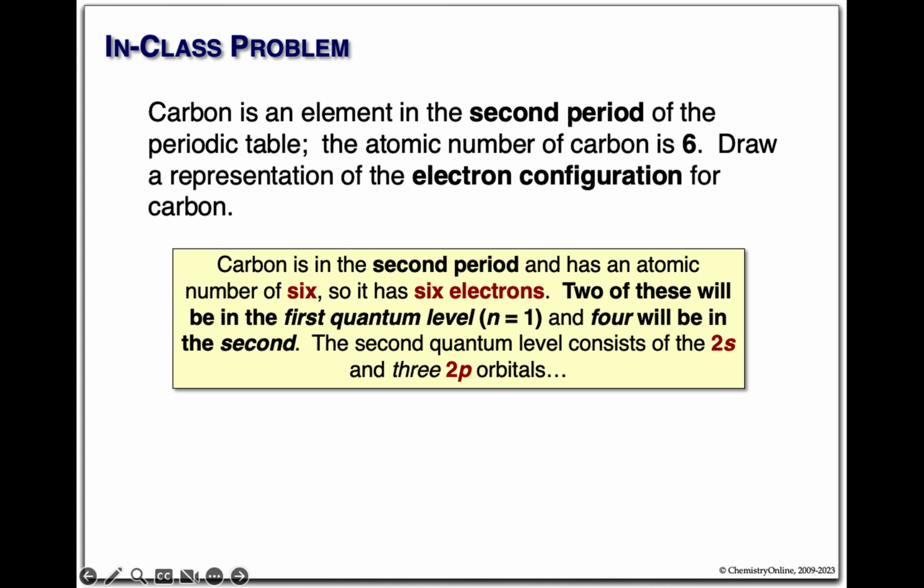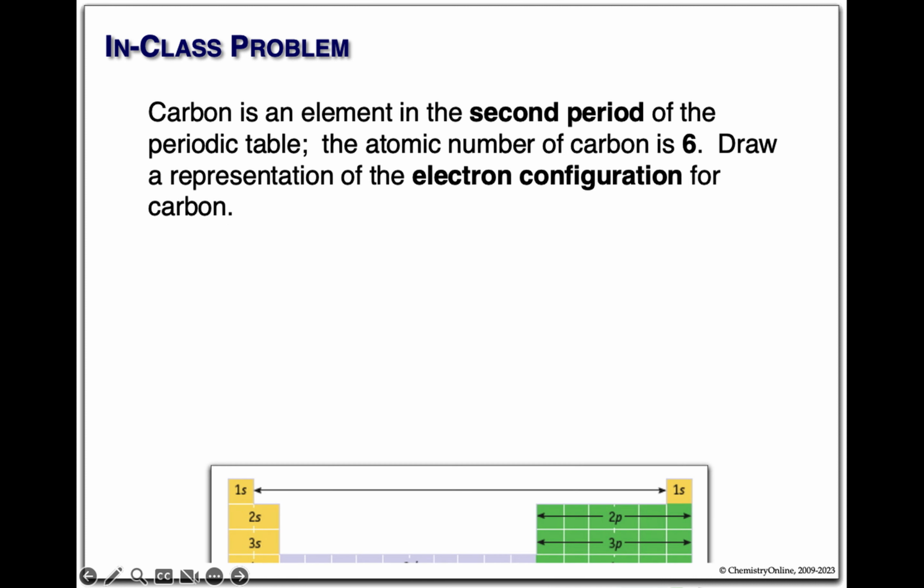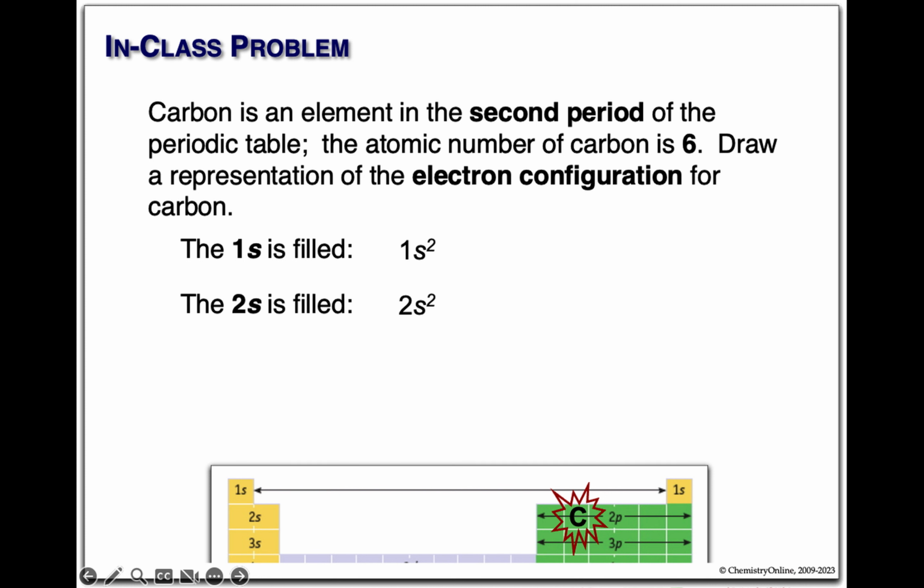So, here is carbon. That means that the 1s is completely filled. We write it like this: 1 for the period, s for the orbital, 2 electrons. The 2s will also be completely filled. We write that 2s2.